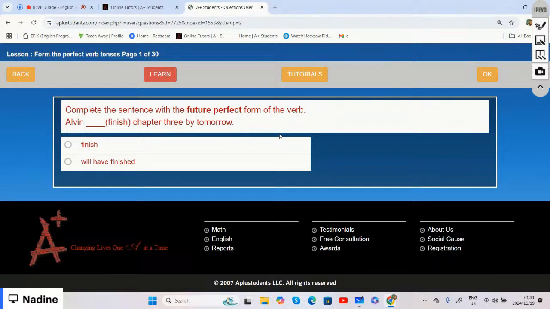Look at the helping verb. So option one or option two.